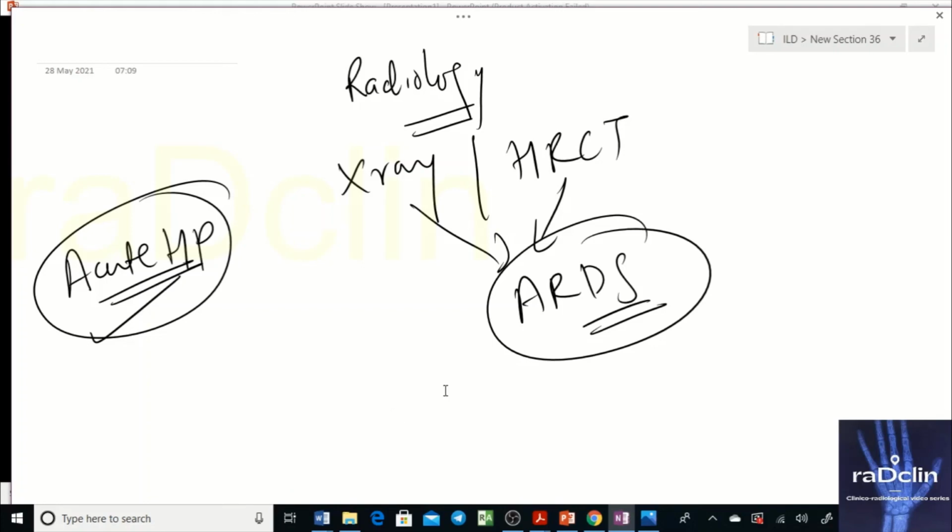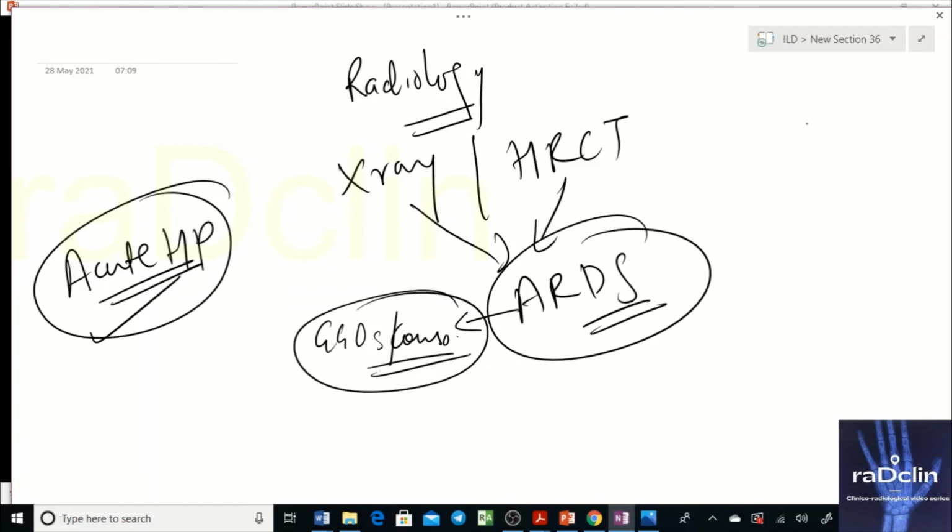So that is about acute interstitial pneumonia, nothing to worry about. Just like in ARDS, you will see diffuse, patchy GGOs and consolidation, typically in the lower lobes, the dependent portion. These will be the findings of acute interstitial pneumonia. Nothing to be worried about.